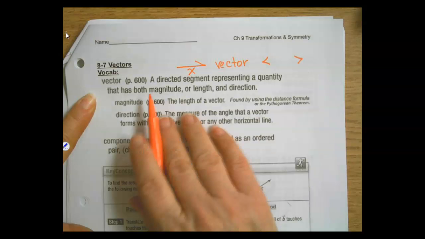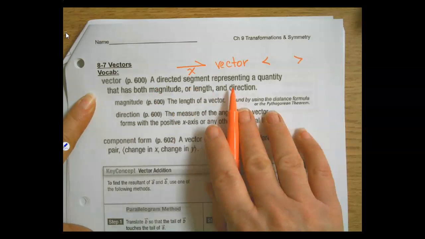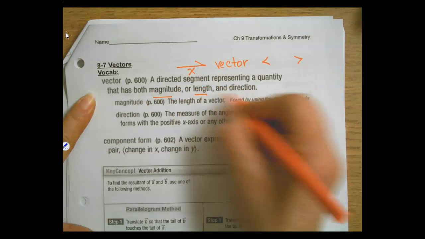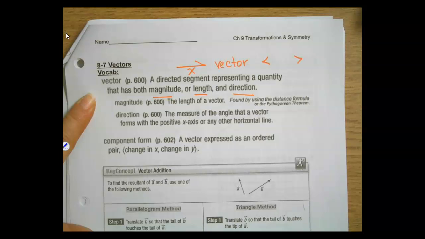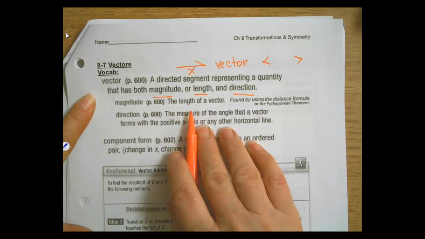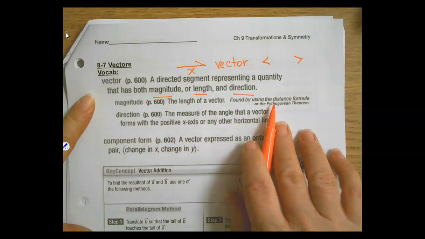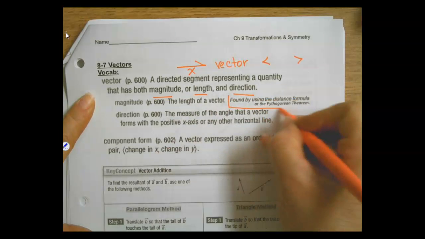A vector is a directed segment representing a quantity that has both a magnitude, length, and a direction. The magnitude is the length of a vector found by using the distance formula, so we'll need that.